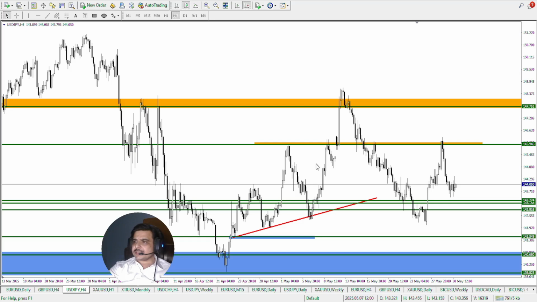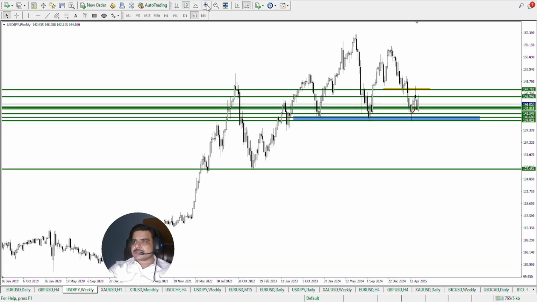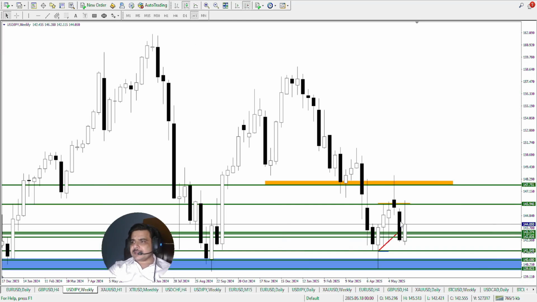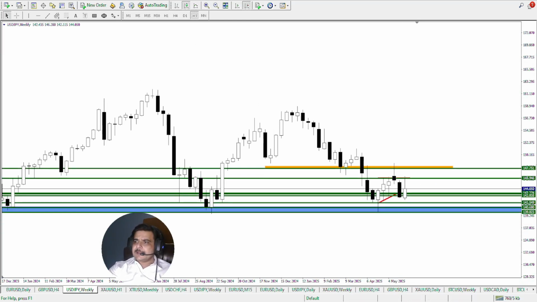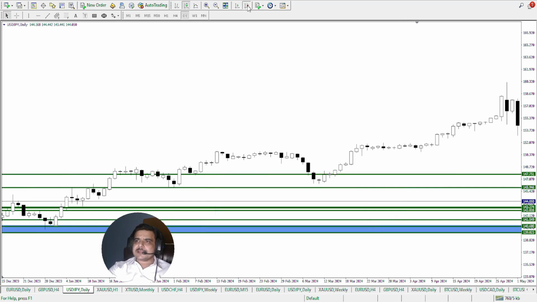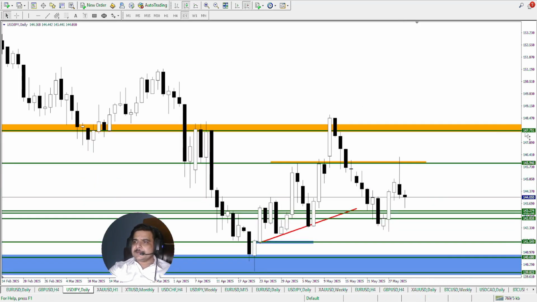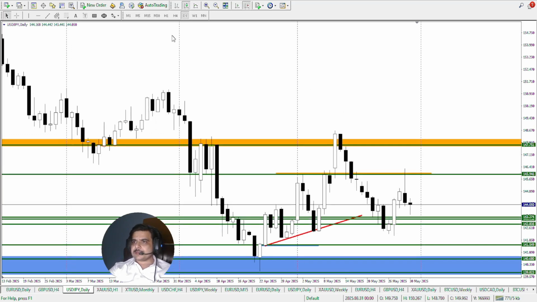Moving on to the dollar yen, wow, it also did the same as it was expected. Last week it was standing at a buy point, as I discussed, and right here on the daily, let me turn on the period separators, and that will make my life a bit easy to let you know what happened.